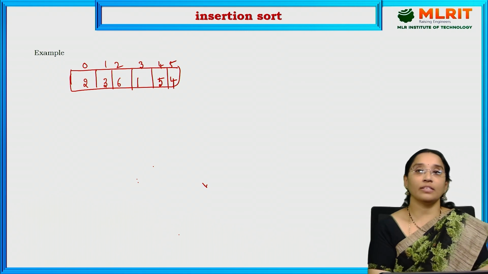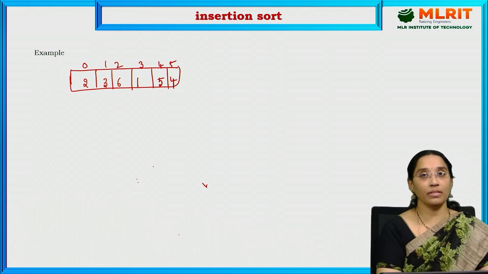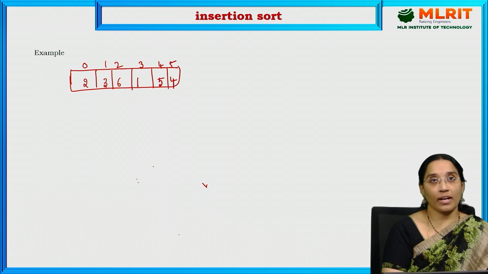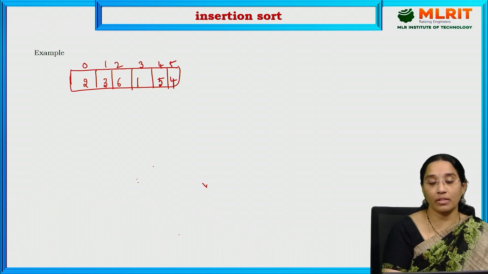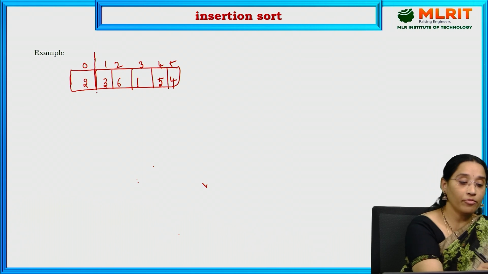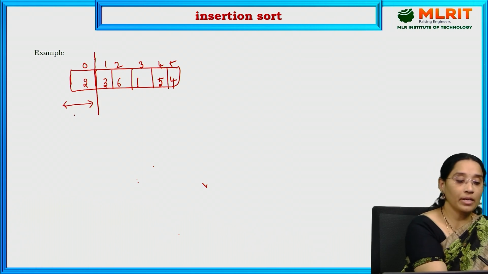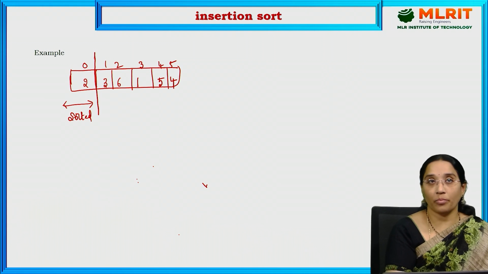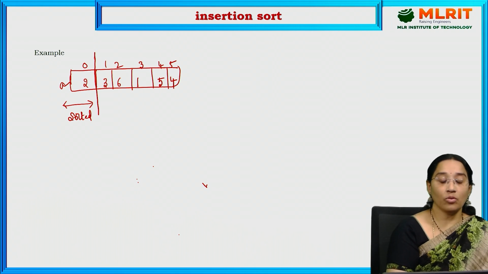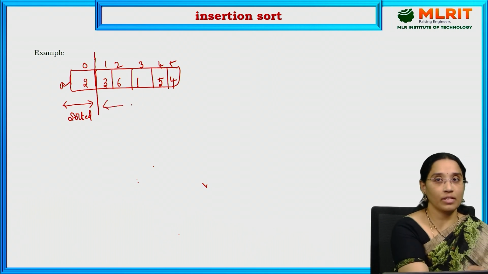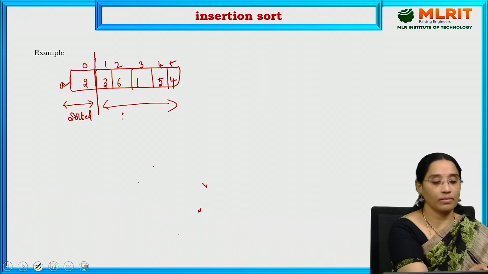As I said, the list is divided into two sublists: one is the sorted list and the other is the unsorted list. Which element will be in the sorted list by default? The element present at index 0. This is your array name, index 0, that is in the sorted list, and the rest is the unsorted list.